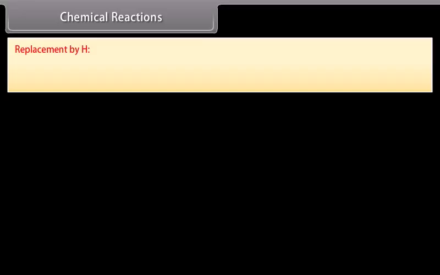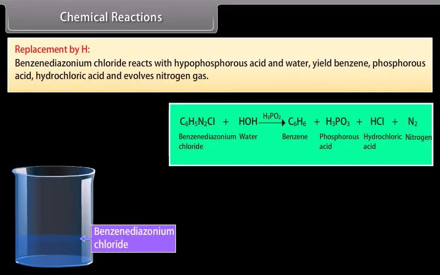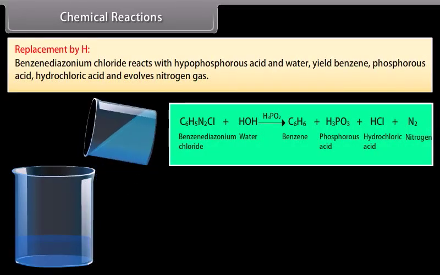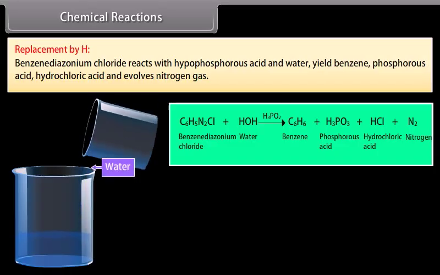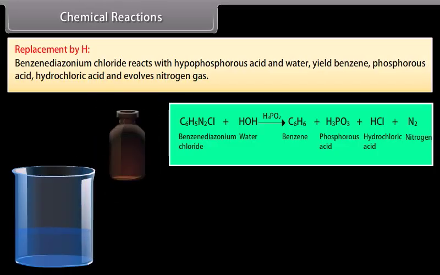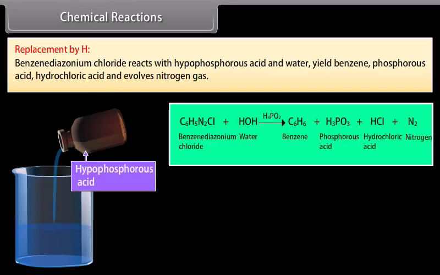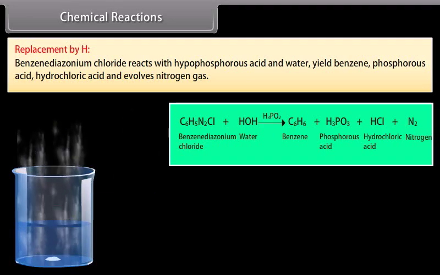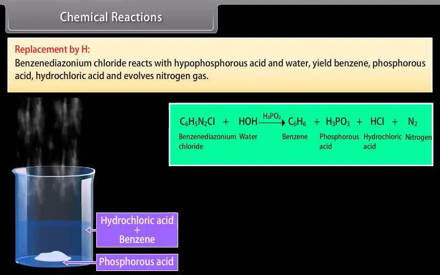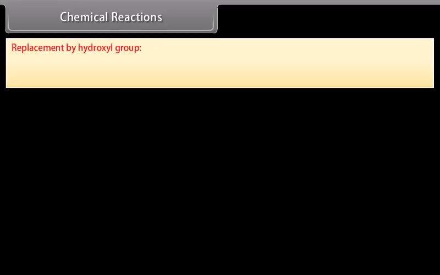Replacement by H. Benzene diazonium chloride reacts with hypophosphorous acid and water, yielding benzene, phosphorous acid, hydrochloric acid, and evolves nitrogen gas. Replacement by hydroxyl group.